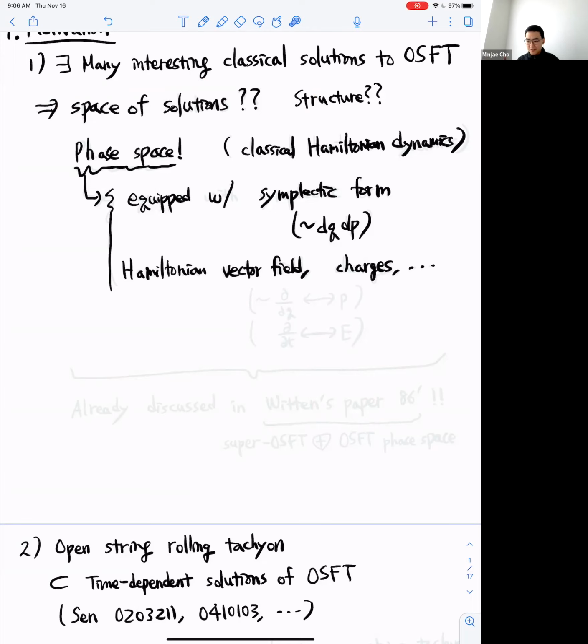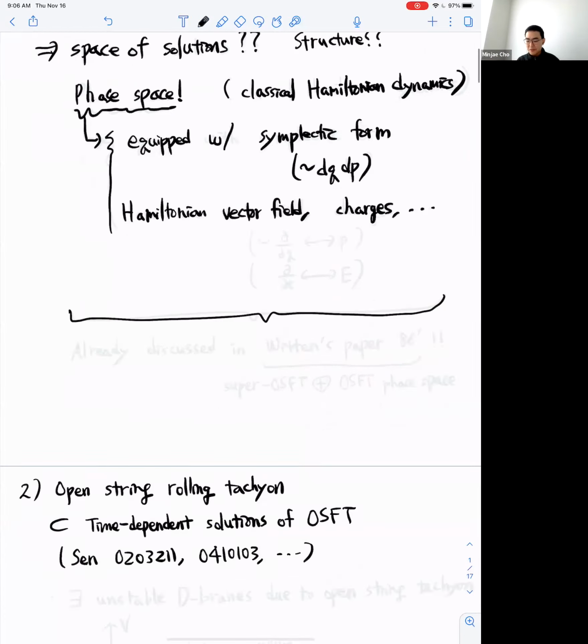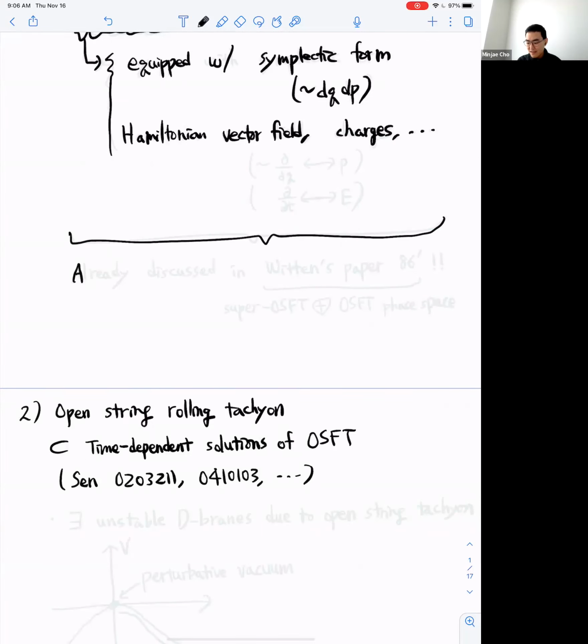Surprisingly, I gave you the motivation that we found many interesting solutions, but it turns out that even before we found all these solutions, this notion of space of solutions was discussed already by Witten, back in '86.